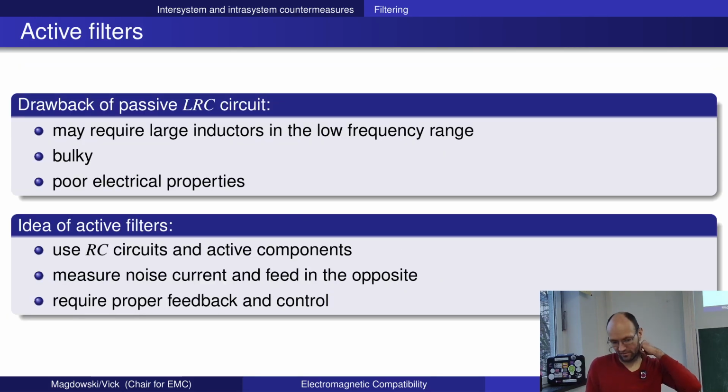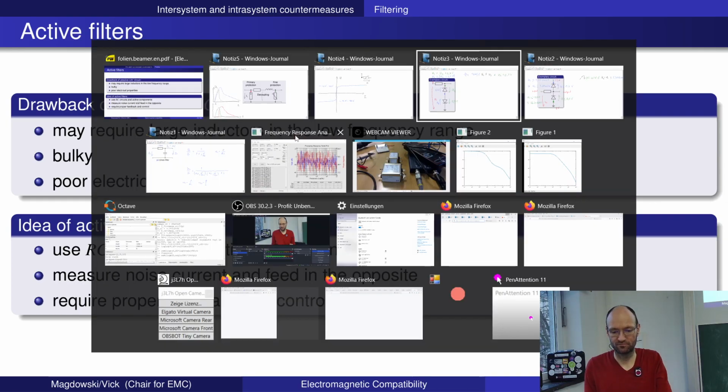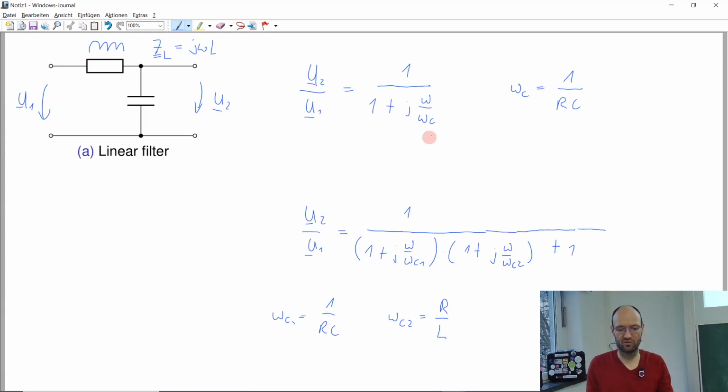Okay, and so then we can have a very quick last look on active filters. If you want to build low-pass, high-pass filters from LCR components, if you would really like to go to low frequencies, if we go back to our transfer function that we had written down here, so if these corner frequencies should get low, it means we need really large capacitors, we need really large inductors.